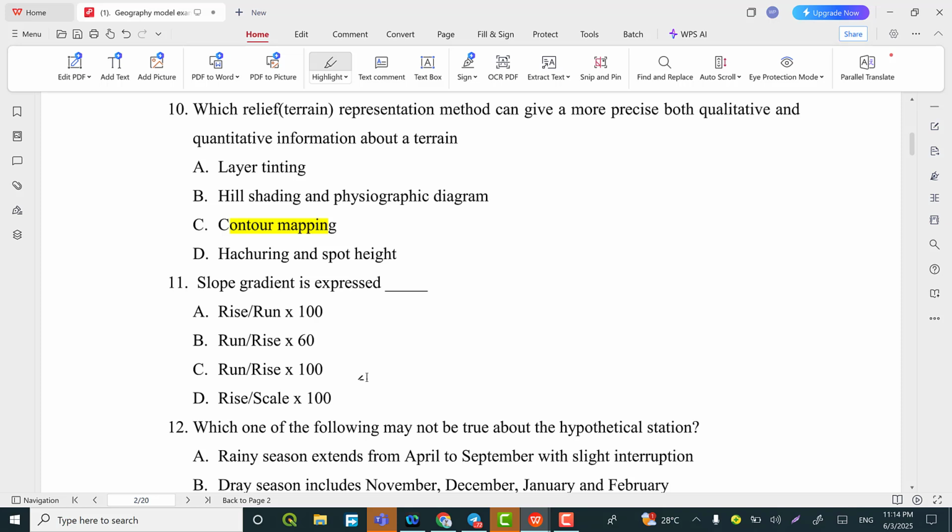So mainly slope is calculated as rise over run times 100. Rise is the altitude of the peak. Run is the horizontal difference. Then times 100 is the slope in percent. This is expressed in terms of percent. So the answer is simply A.